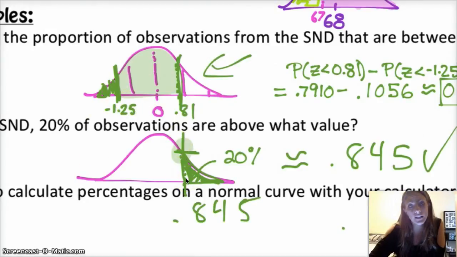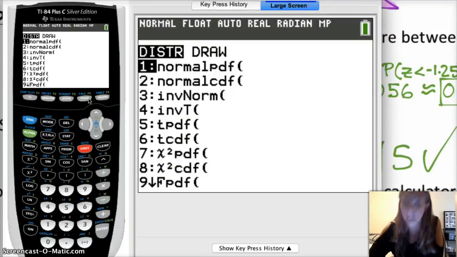What we want is CDF, okay, because that is a cumulative distribution. Okay, and so what that does is it's cumulative, so it counts all the way up to and including the value that you're observing. And so, say I want to do the problem that we just did, but on our calculator.